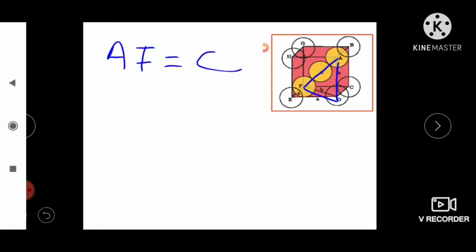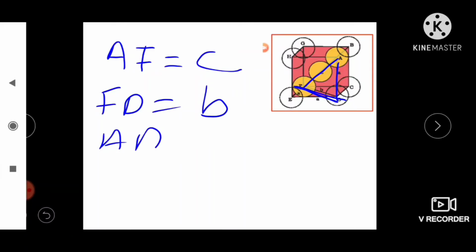We know that FD equals b. And AD is the edge length, AD equals a.